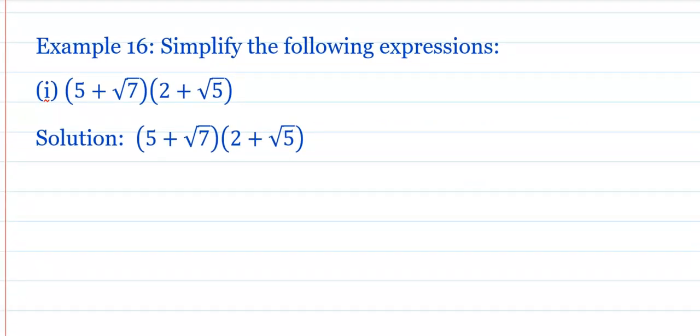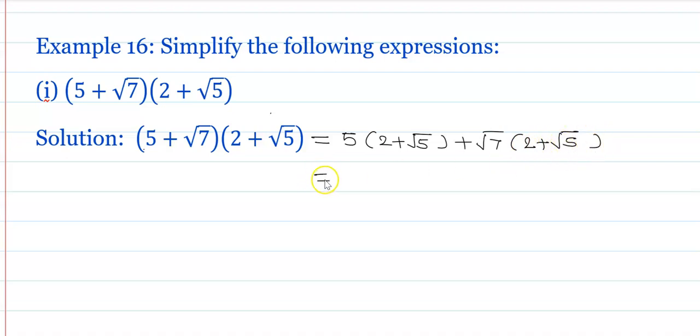The first is in first bracket 5 plus root 7 into in second bracket 2 plus root 5. Now their multiplication. First we will multiply this 5 with this whole bracket, that is 5 in bracket 2 plus root of 5. Next root of 7 will multiply the whole bracket 2 plus root of 5.